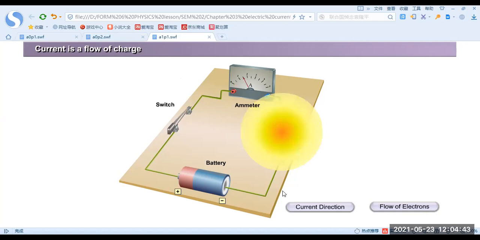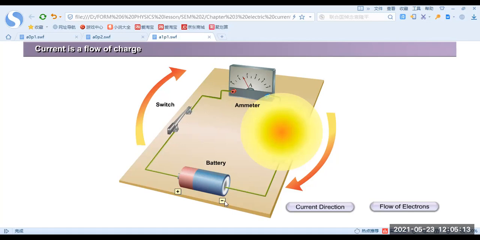The current flows through the ammeter and causes the ammeter to show some reading. The bulb lights up because of the electric current flow. So we look at the current's direction. The current flows from the positive terminal to the negative terminal through the external circuit.